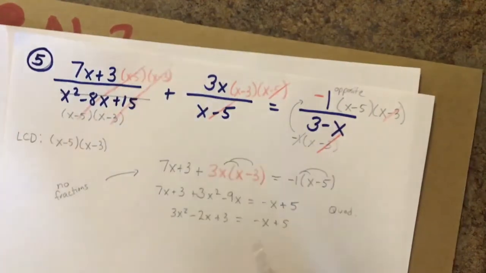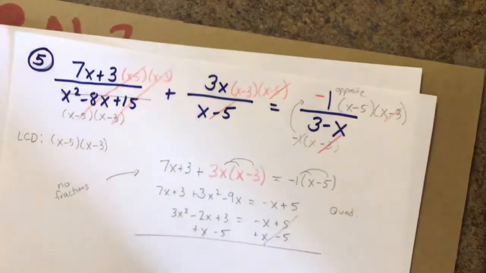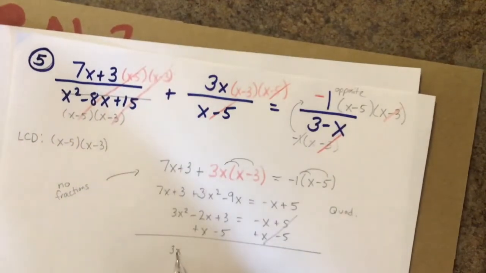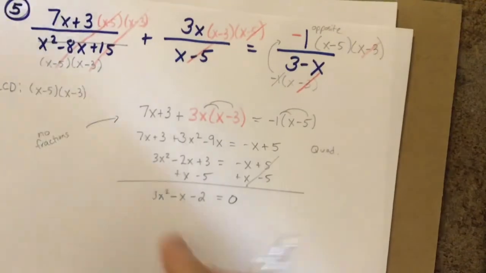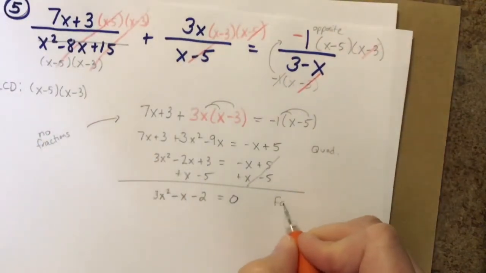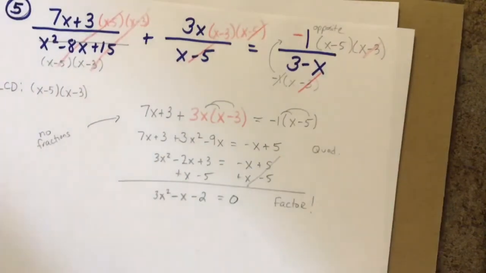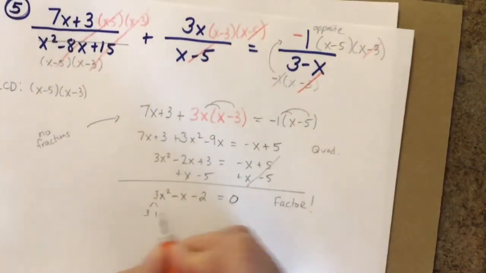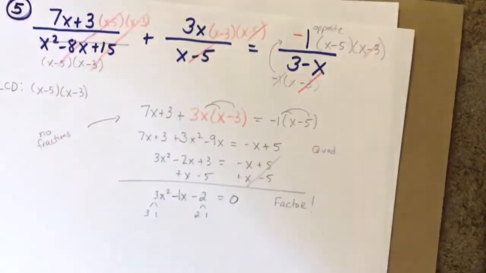All right. Now what? Add x, subtract 5. Got to set it equal to 0. So 3x squared minus x minus 2 equals 0. All right, now if we did it right, these should all work out to factor. Okay. So how do I factor 3? Well, that's 3 and 1. 2 is 2 and 1, but it's negative, and I want negative 1.